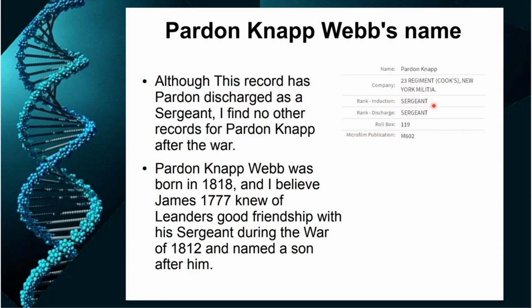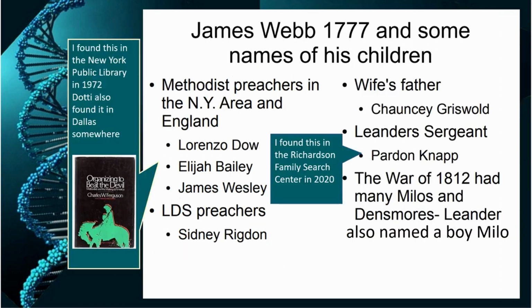So here's some of the interesting names of James Webb's children. Three of his kids were Lorenzo Dow, Elijah Bailey, and James Wesley Webb. I looked for years and could not find anything about how he knew Lorenzo Dow. I didn't even know these people.